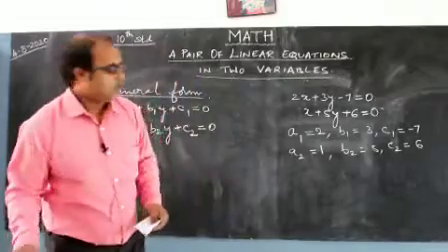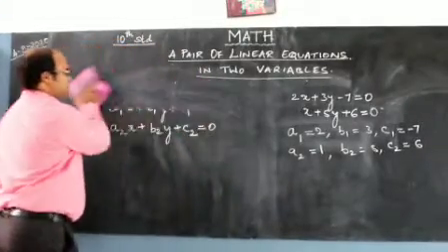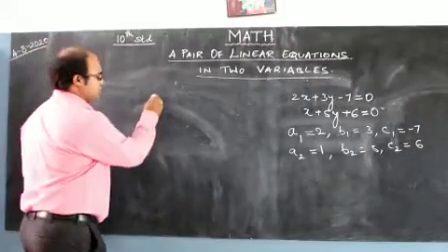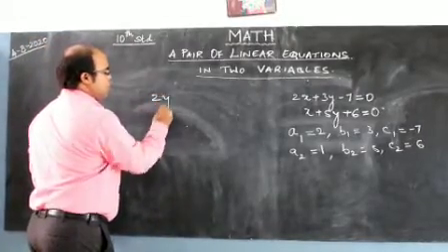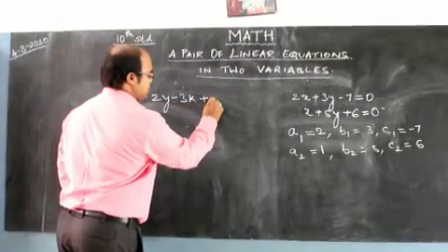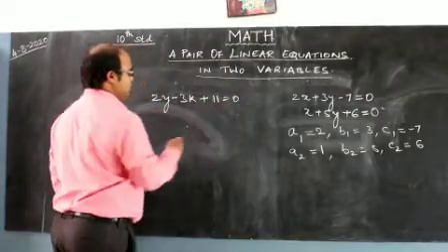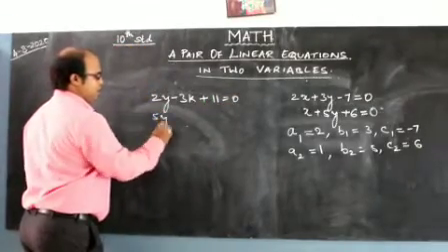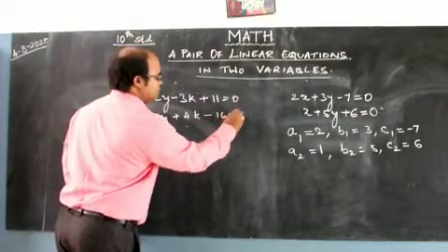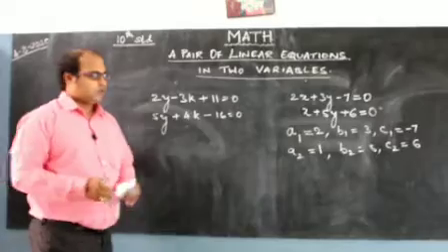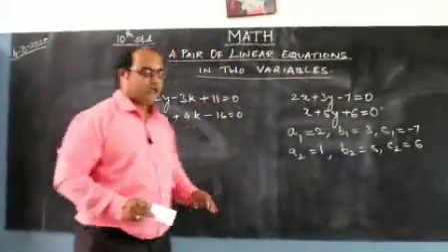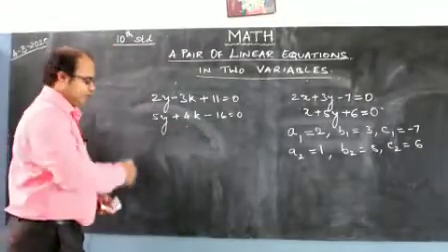So I will give you one more example. y minus 3k plus 11 equal to 0, 5y plus 4k minus 16 equal to 0. So I think here you would have understood how to write the values of a1, b1, c1. So you think and tell me how to write.